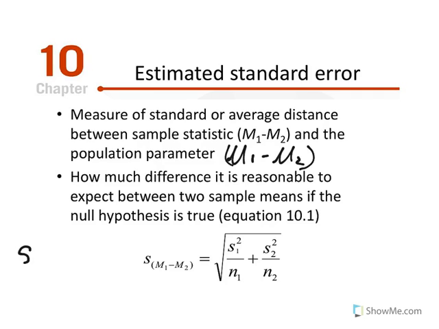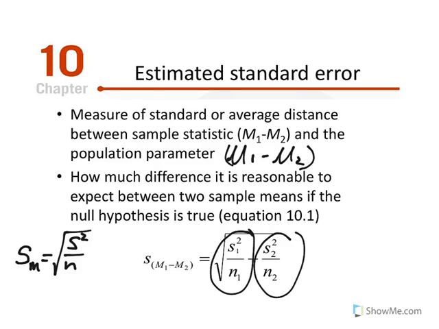So in Chapter 9, our estimated standard error of the mean was equal to our variance, if we were using variance, over n, and we took the square root. Notice that that is this part of the equation, and we double it because we have now two samples. So again, this was for Chapter 9, estimated standard error, and this is now referred to as estimated standard error of the mean difference. And so we're talking about the inclusion of two different samples.